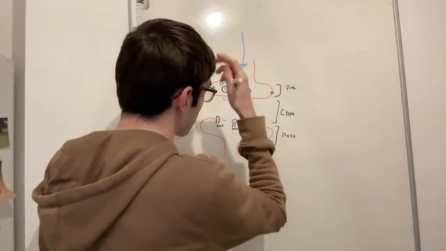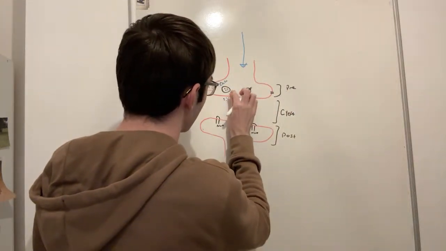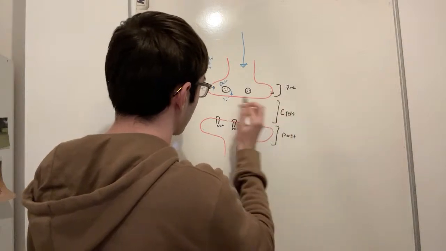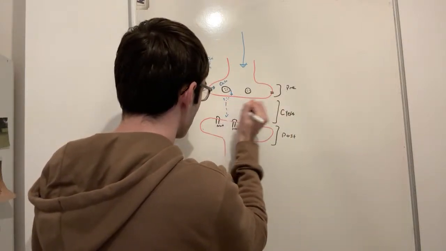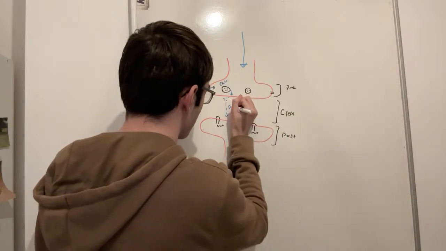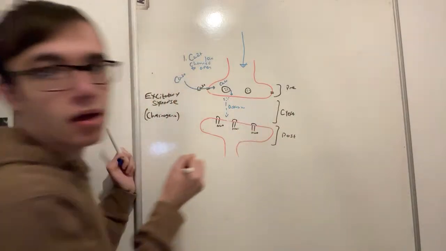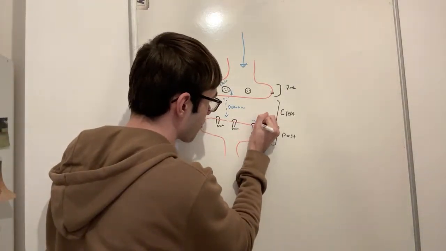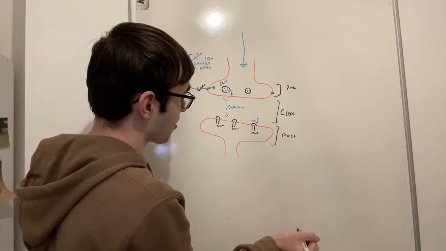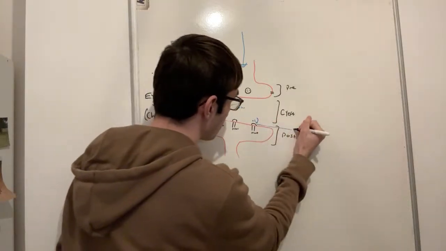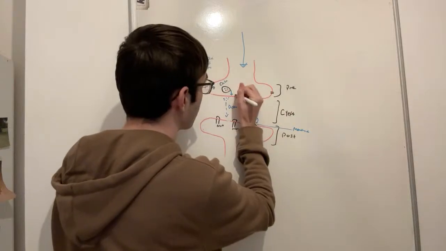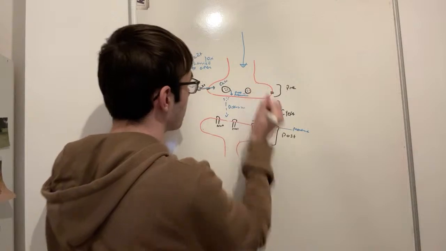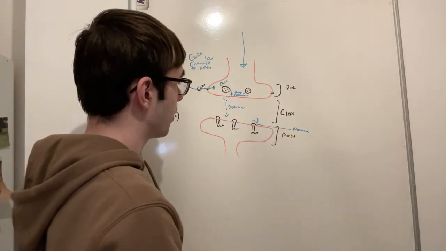When it does, it releases the neurotransmitter into the synaptic cleft, where it then diffuses to the postsynaptic membrane. Then the neurotransmitter binds to the receptors on the postsynaptic membrane. You have to specify that these are on the membrane, and you should specify: fuses with membrane, diffusion, membrane, etc.